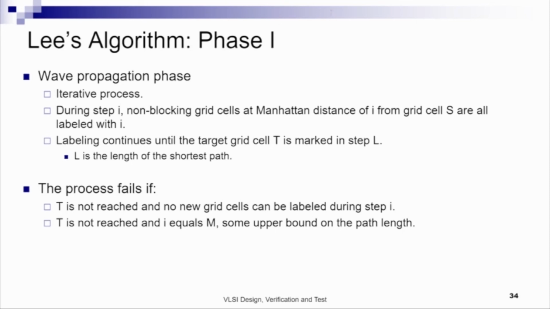However, if I do not have such an upper bound and there is at least one available path to the target, Lee's algorithm will always find it, because it's an exhaustive search through wave propagation using breadth first search.